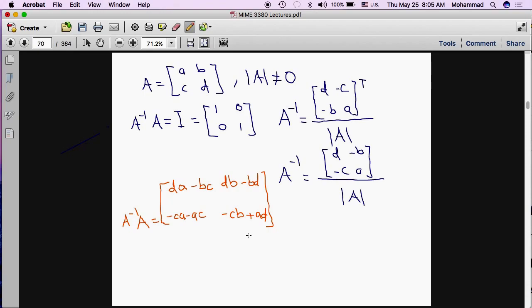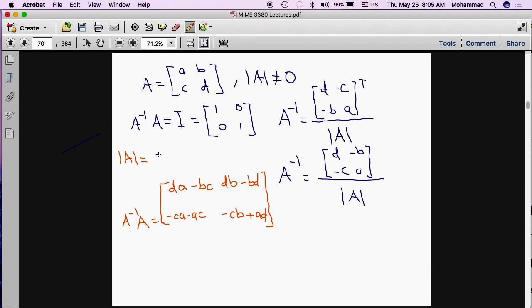Probably not on the surface, but what we haven't included yet is the determinant of matrix A. So let's go ahead and find the determinant of matrix A. What is this determinant?